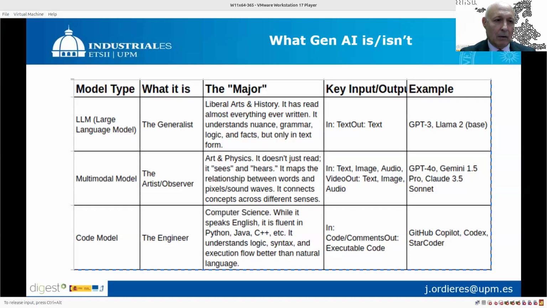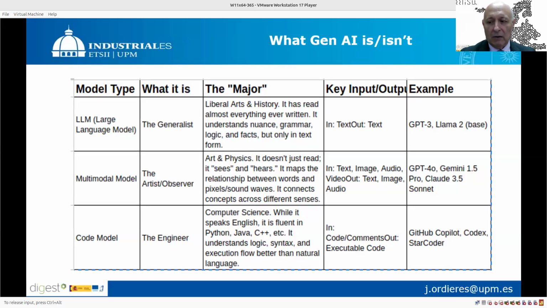Later in time, the multimodal or multidimensional models arrived. They were able to mix different sources, channels, and dimensions: text, but audio as well, or video, or images, etc. So different types of input channels in an integrated way.